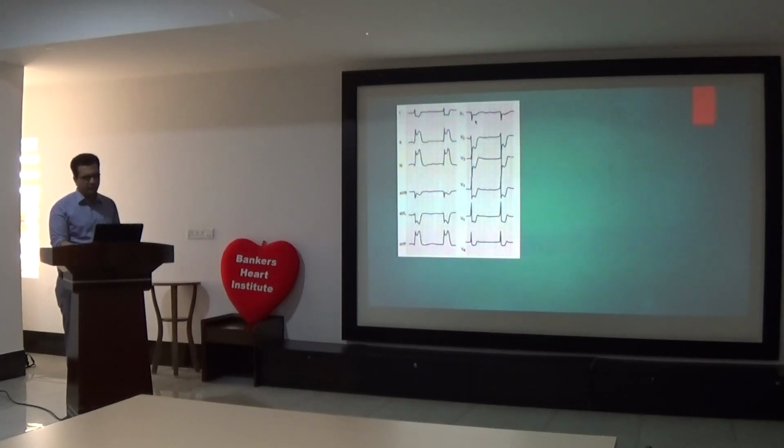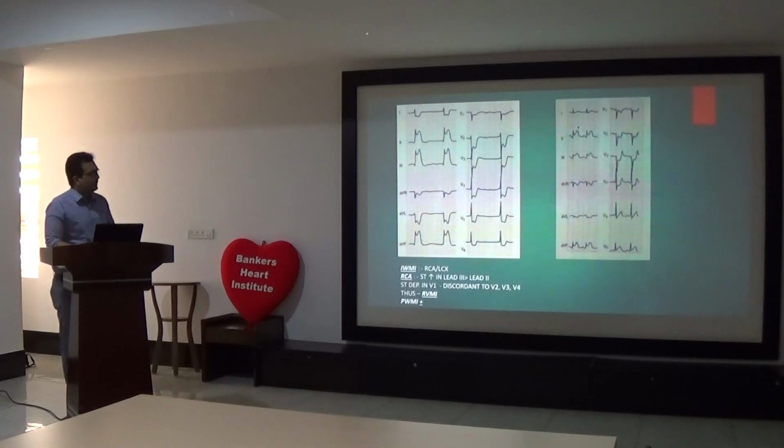So there is V1, V2 discordance, and we can conclude that the patient also has RVMI. So in this case, the patient has RC occlusion prior to the origin of the acute marginal artery, with or without posterior wall MI. So this is a case of proximal RC occlusion.